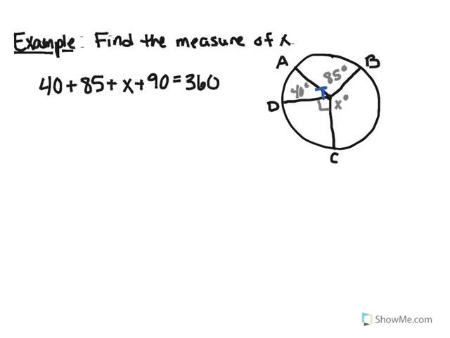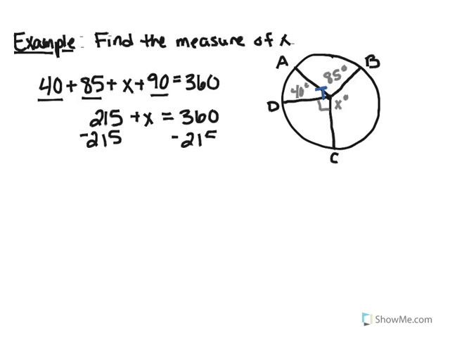So we're going to add our like terms together, which are 40, 85, and 90, which we get 215. And now we are going to subtract the 215 from both sides. And we get 145 degrees. So that's all there really is to that.